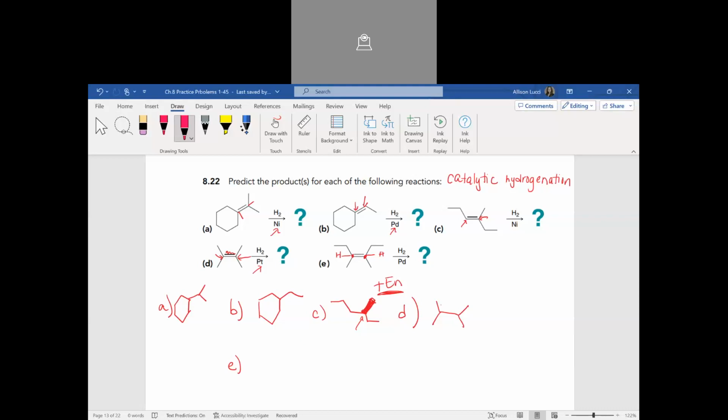So what actually results, due to the necessity of syn addition, if these are my methyl groups and my hydrogens are hidden, I actually get a meso compound and only one product. So one product. No enantiomer, even though there are chiral centers present.